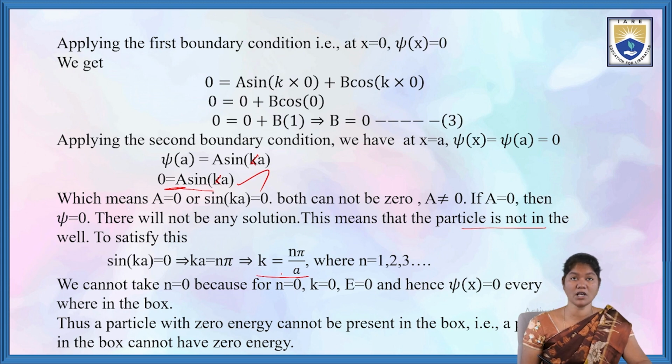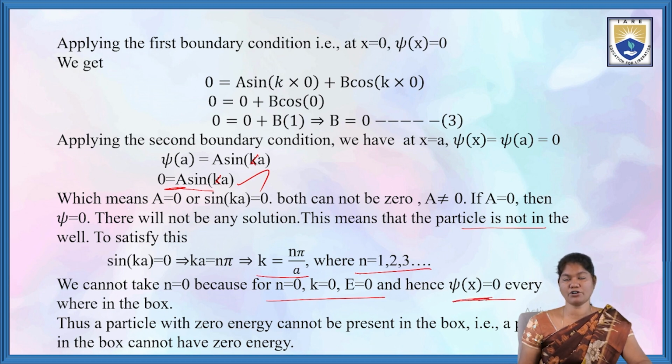K is equals to n pi by a, where n is equals to 1, 2, 3 and so on, but not 0. If n is equals to 0, then the energy becomes 0, and psi of x becomes 0, so the particle could not exist with zero energy inside the potential box.